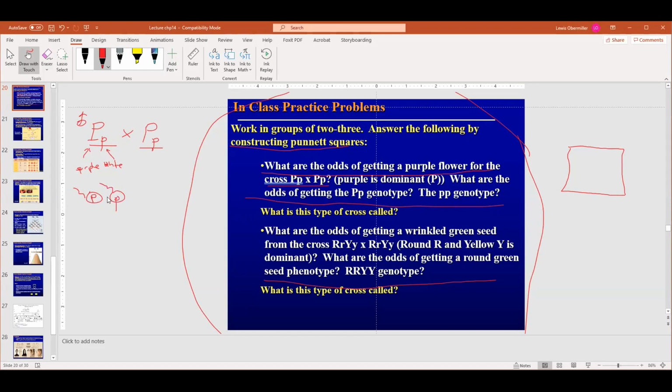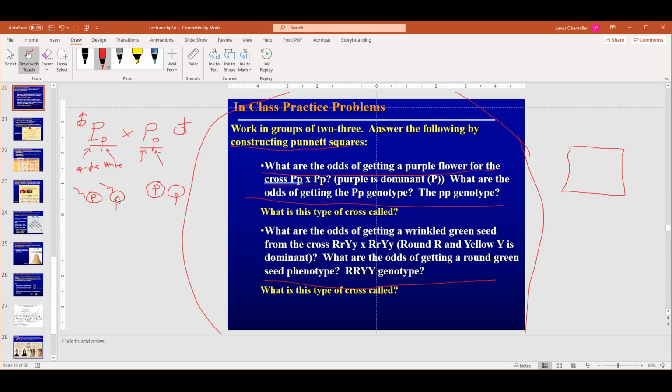So purple and white, essentially sperm, right? And then this would be the mom. So she could only make big P in one egg and a little p in another, and the rate that would be made is 50-50. So there's a 50% chance this allele would be put in a gamete, and 50% this allele would be put in a gamete. And we learned all this in meiosis.